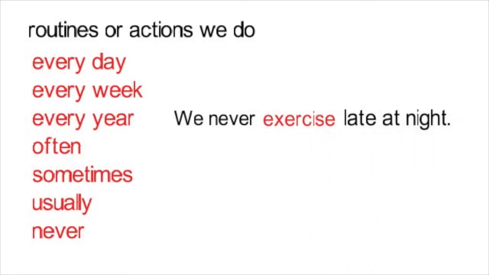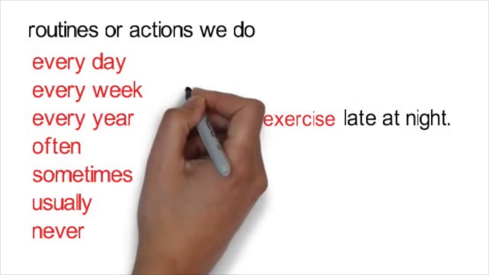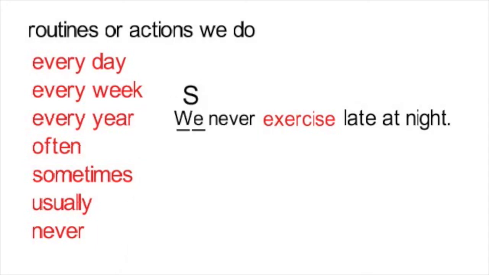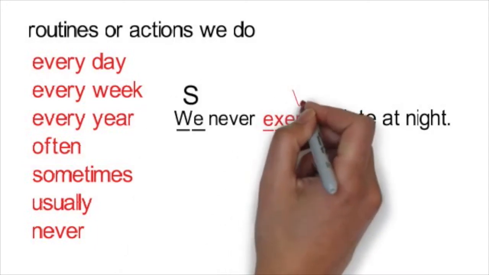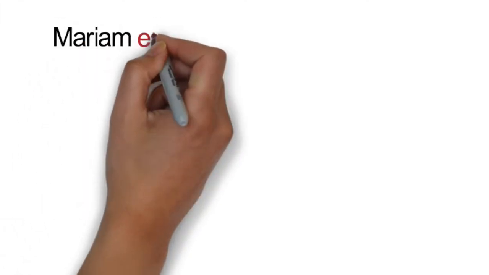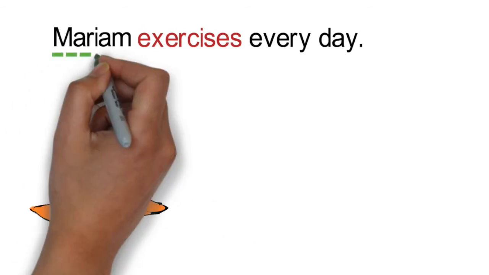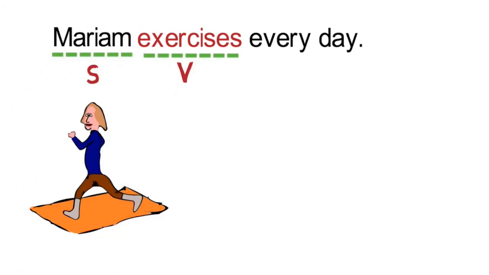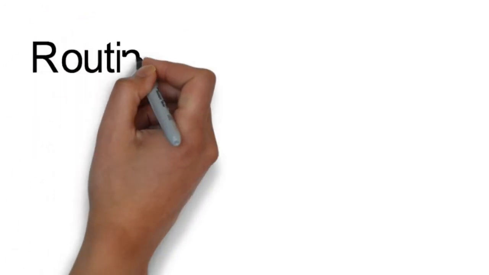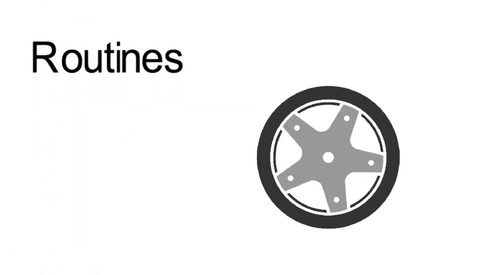In this sentence, the subject is we, and the verb is exercise. Miriam exercises every day. The subject is Miriam, and the verb is exercises. Both of these sentences show actions that are routines, things that are repeated again and again.